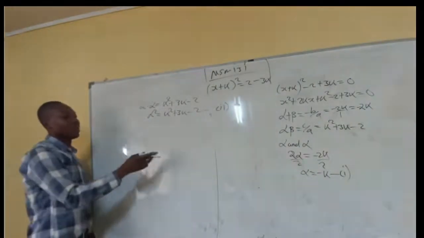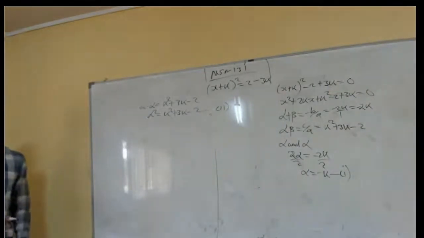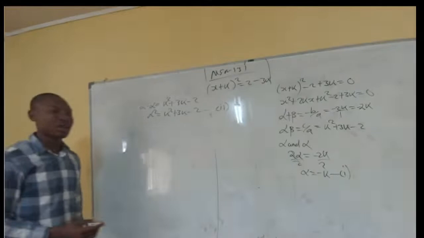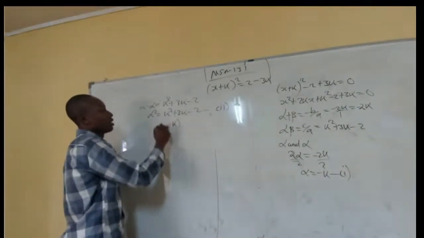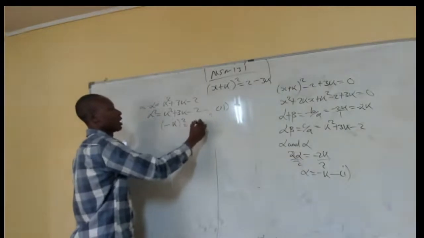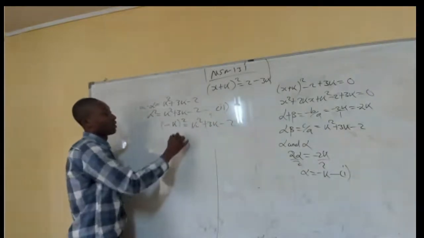Do we know what alpha is? Alpha is negative k. So I'm going to replace alpha with negative k. Now we're going to have (-k) squared = k squared + 3k - 2.